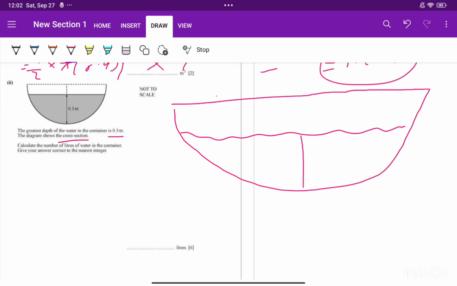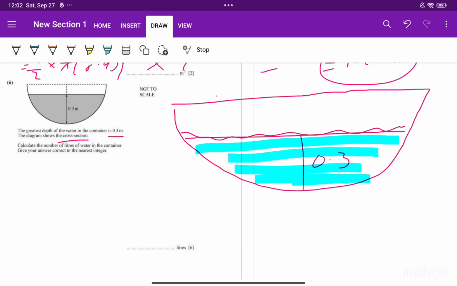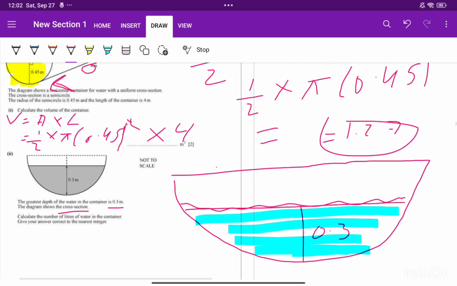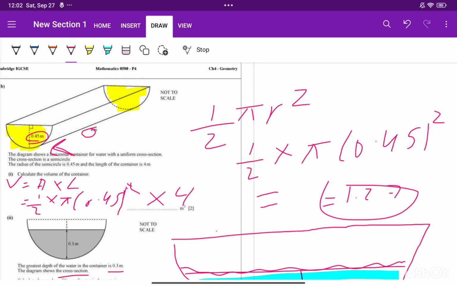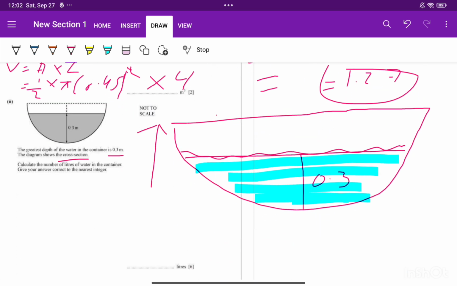So this is our water, this is a straight line, and this is 0.3. This is water. And we know that the height of the semicircle is 0.45. We need to find number of liters of water in the container.